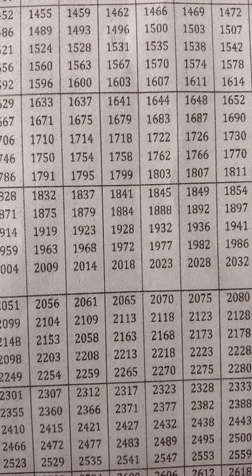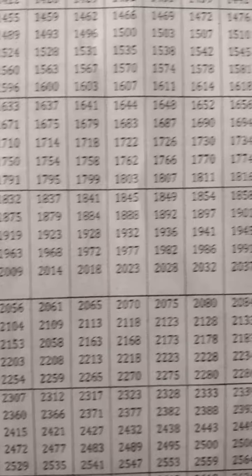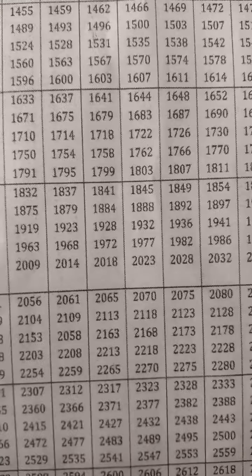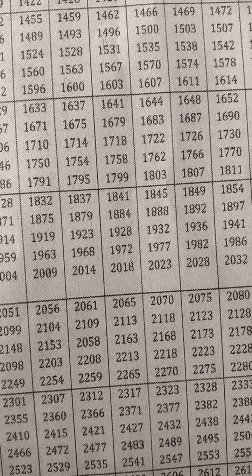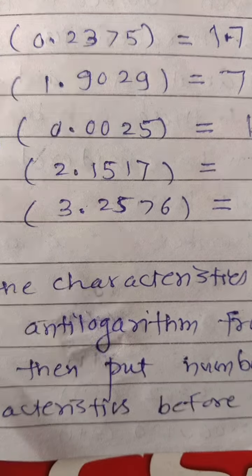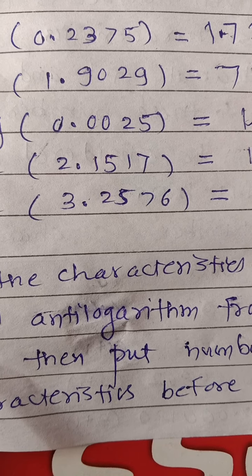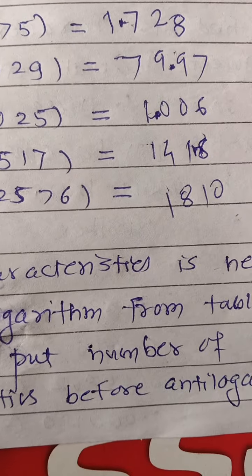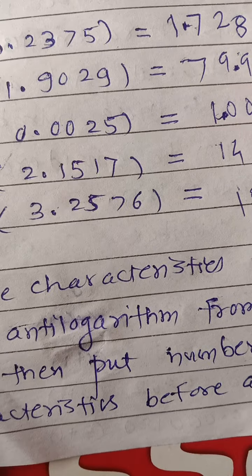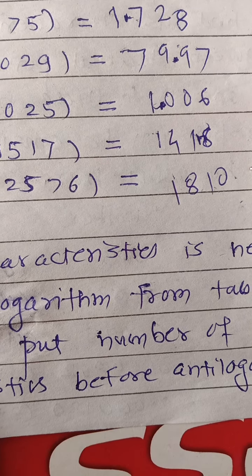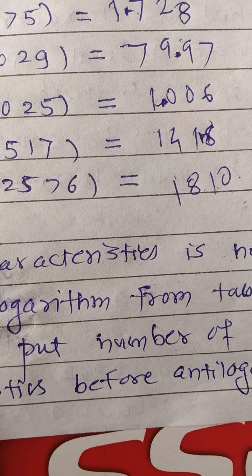So it is 1807 plus 3, that is 1810, and therefore we can write 1810. The characteristic is 3 plus 1, 4, and therefore 1810 itself will be the answer.